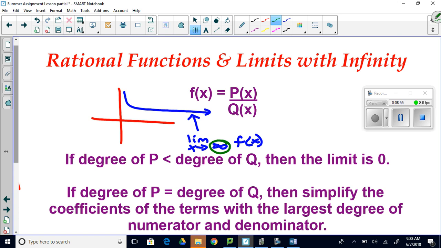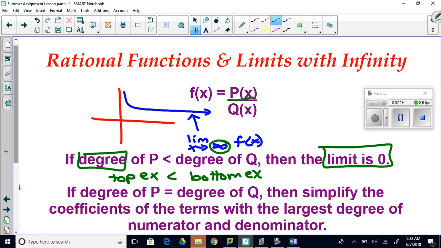So these rules should look familiar to you, but we're going to look at them real quick. So if the degree of p, which is our top function, is less than the degree of q, that means that the top exponent is less than the bottom exponent. So if we have fewer exponents on top than the bottom, then the limit is 0.